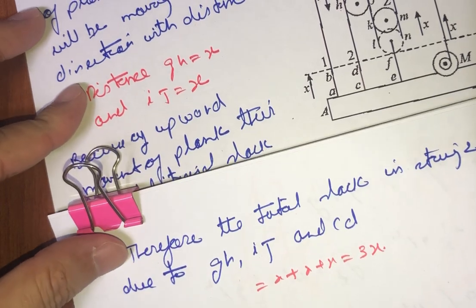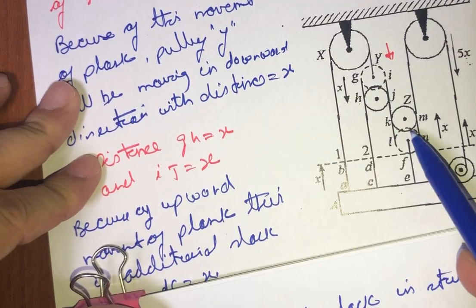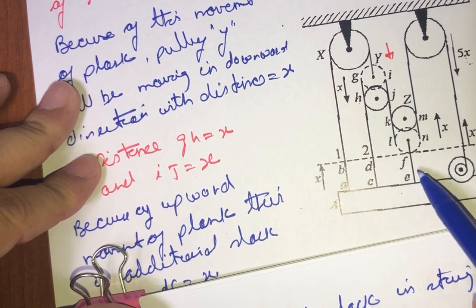But as the plank moves in the upward direction, the pulley Z also moves up by a distance EF that is equal to x.